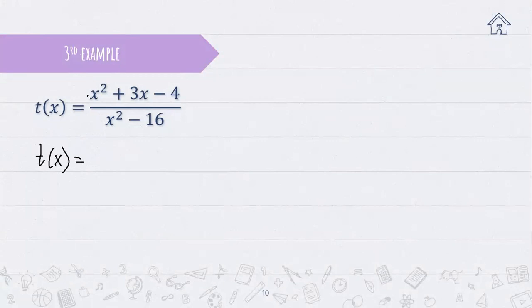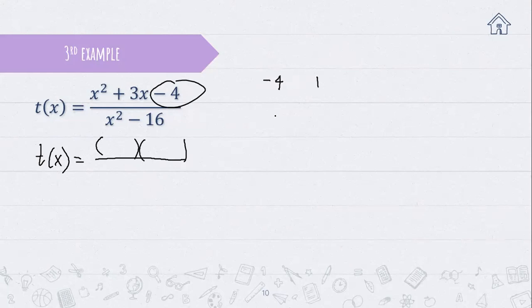Ayan. So, ano yung factors ng x squared plus 3x minus 4? Okay. So, in layman's term, ano kaya ang factors ng negative 4 na kapag pinag-add natin silang dalawa, ang sagot ay positive 3? Sige nga, lista natin. Negative 1 times 4 po, sir.